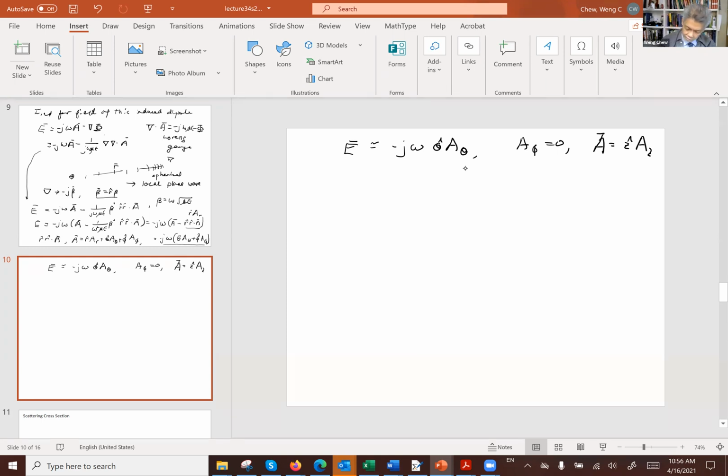Hence, the phi component is 0, then the far field would just be pointing in this direction. And you can actually look for the E and H field, and then E theta over H phi would be related to each other by eta because they're plane waves. This is just a plane wave approximation.